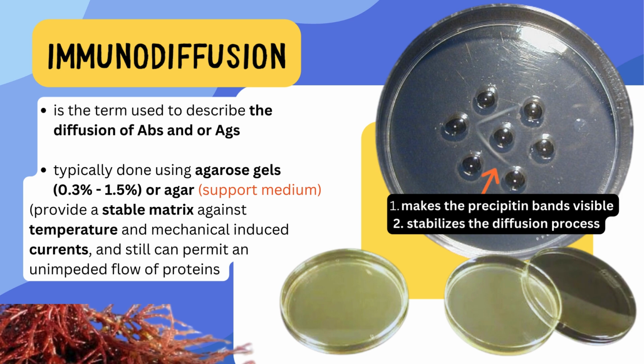This is the support medium because it gives a very stable matrix against temperature and currents. The gels still permit an unimpeded flow of proteins, and the advantage of using agar or agarose is that it makes the precipitin bands visible. The diffusion process is really stable.